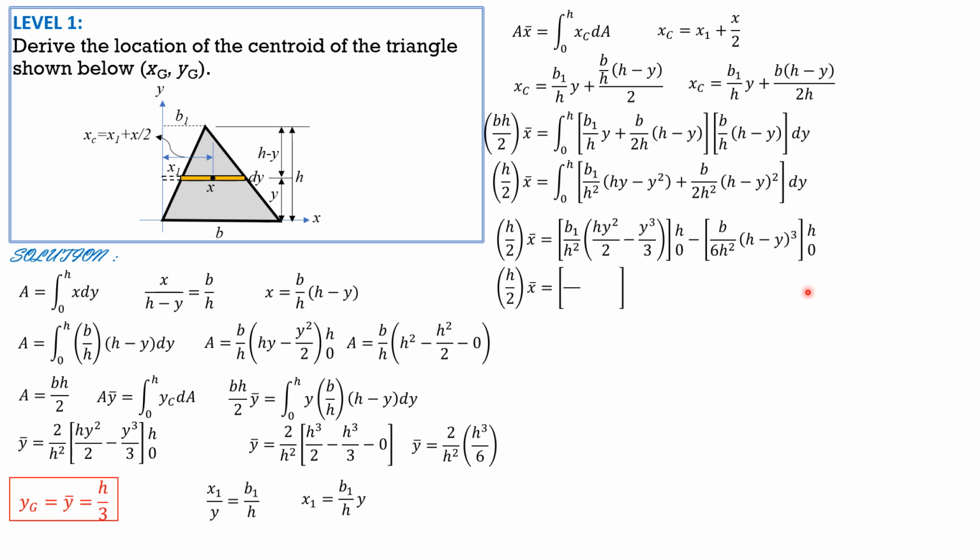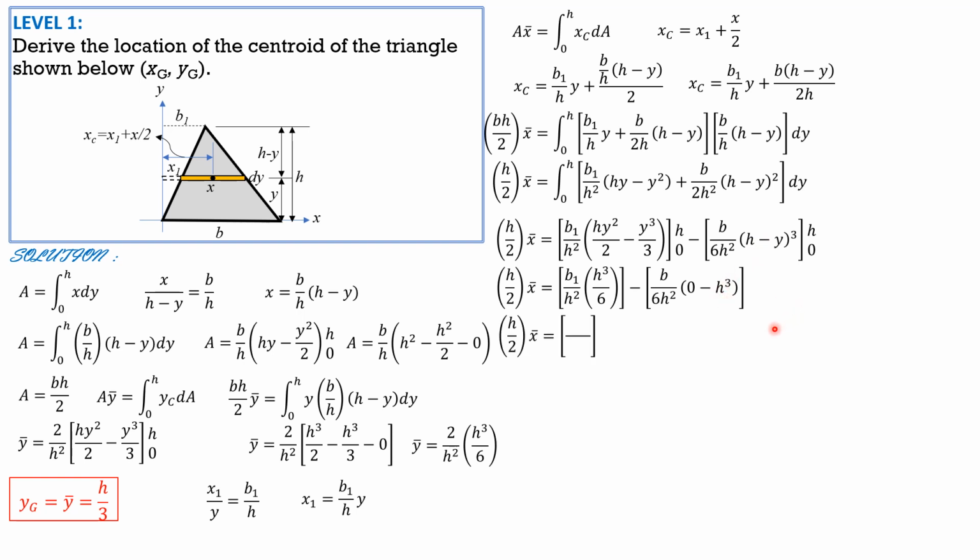Simplifying, h over 2 bar x equals b1 over h square times h cube over 6 minus b over 6h square times 0 minus h quantity cube, because when we substitute the upper limit, h minus h is 0 cube, then the lower limit h minus 0, so minus h cube.